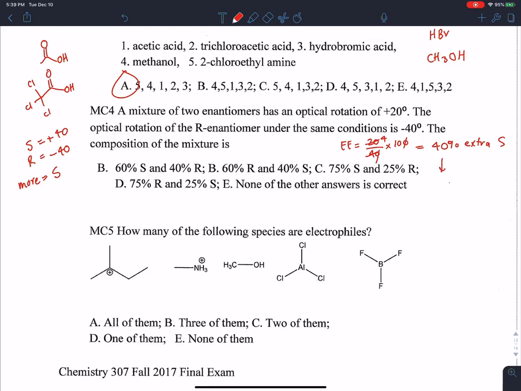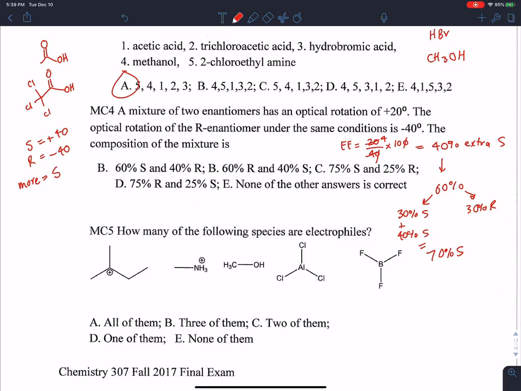This leaves me with 60 that I'm going to split evenly. So 30 goes to S and 30 goes to R. I add my 40 extra, which ends up being 40, 50, 60, 70. So I have a total of 70% S and 30% R. Is that an option?